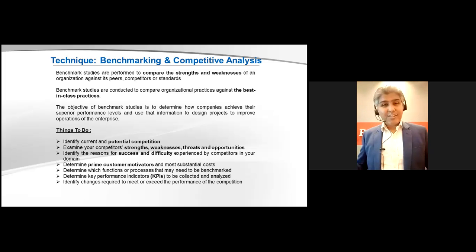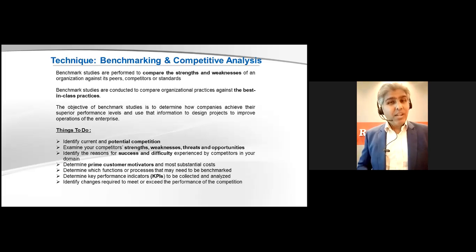Now that's not a one day job, it's a continual process. So prime customer motivators change with time, with the regulations, with the environment, with the economic conditions, problems that individuals face, with the regulatory requirements, with the economic outlook. So these are changing, so you have to keep your eye on that.